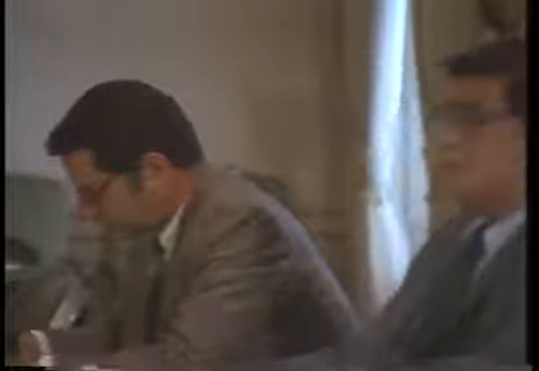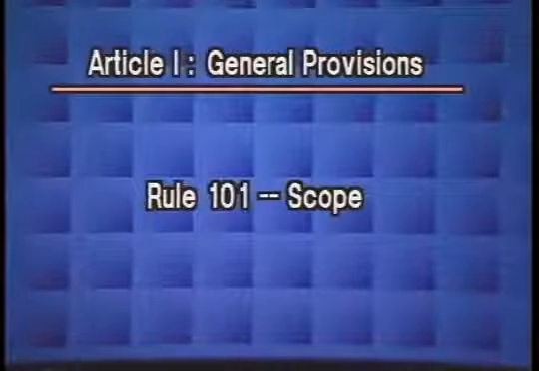Let's now go then to the first rule, which is Rule 101. That rule simply says that these rules, the 63 Federal Rules of Evidence, govern all proceedings in the United States courts, to the extent and with the exceptions found in Rule 1101.